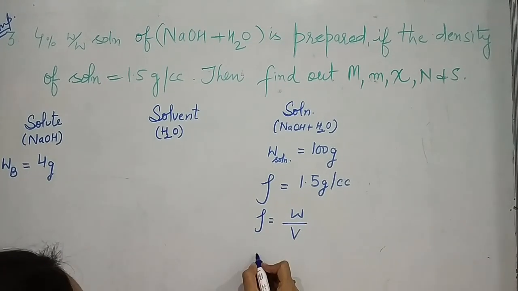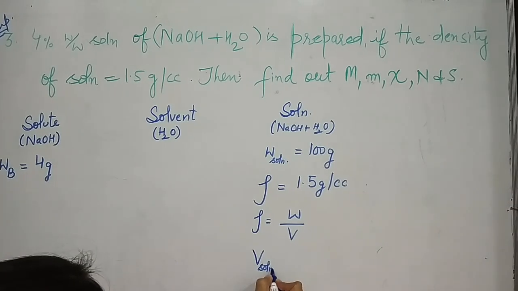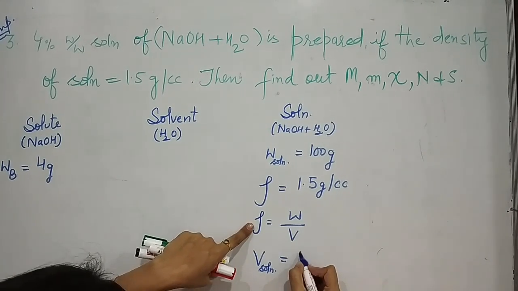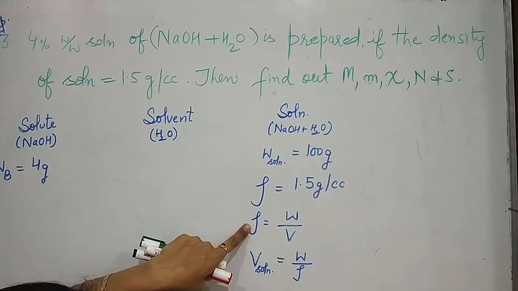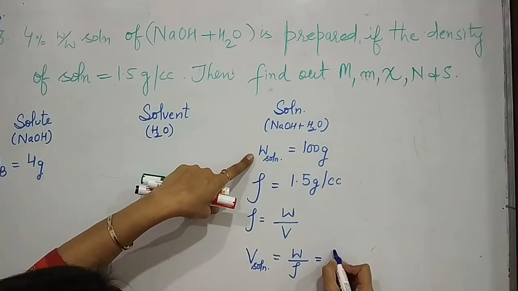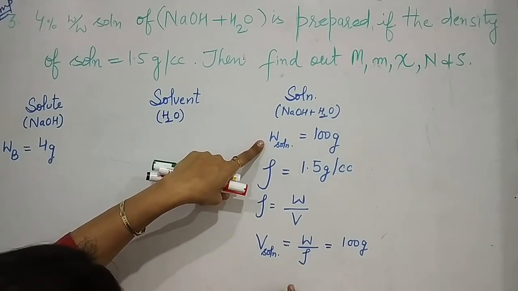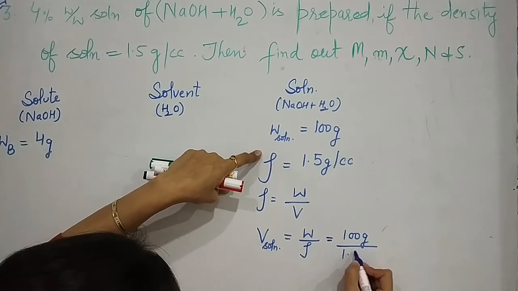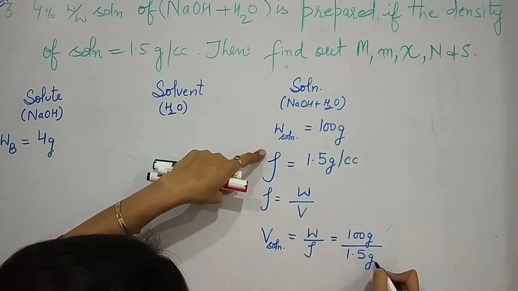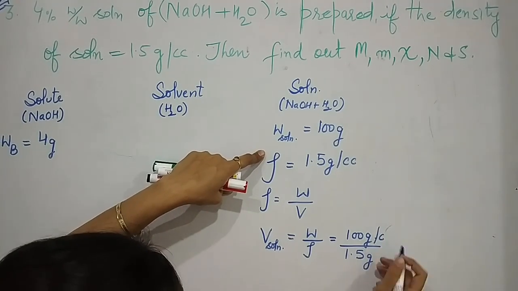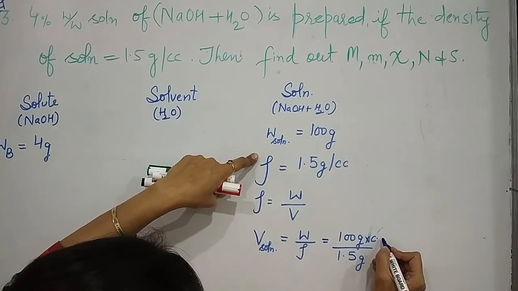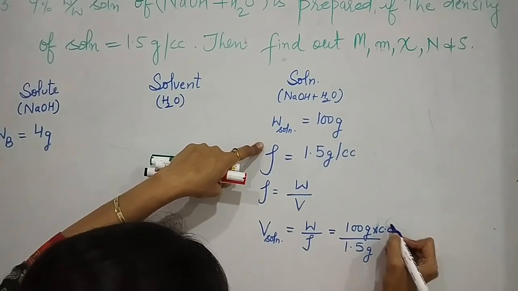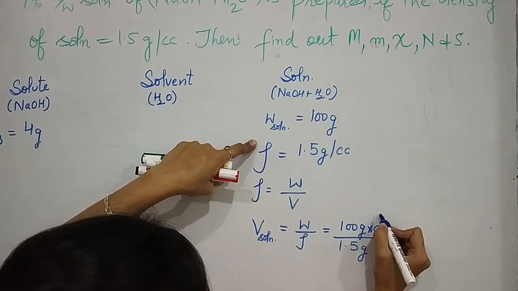We can easily find out the volume of solution, which is equal to mass of solution upon density of solution. Now mass is 100 gram and density is 1.5 gram per cc. Per cc means we can move it to the numerator, or instead of cc you can write milliliters.